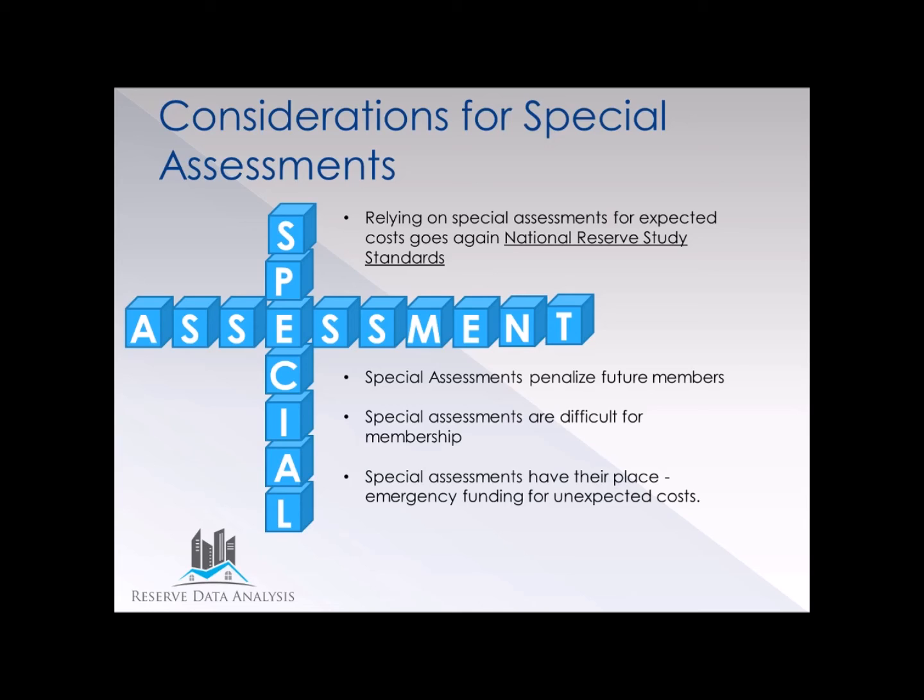Well, it's not about the future cost. It's about their current use of that roof. The community members each and every year utilize that roof over their heads. They should be paying their fair share of the total cost when it comes due. Essentially, it is paying their fair share of the deterioration of that component.